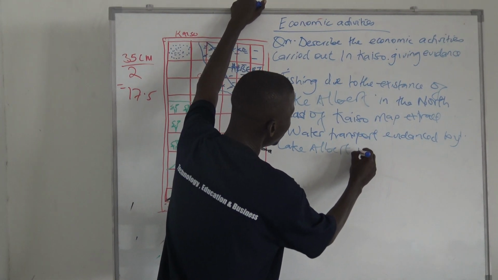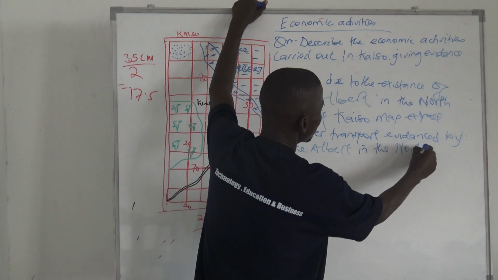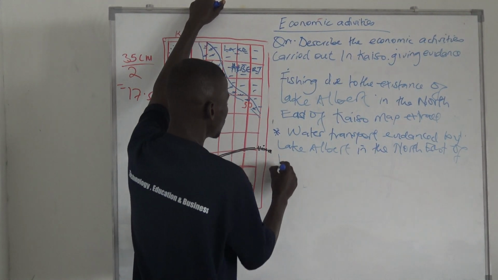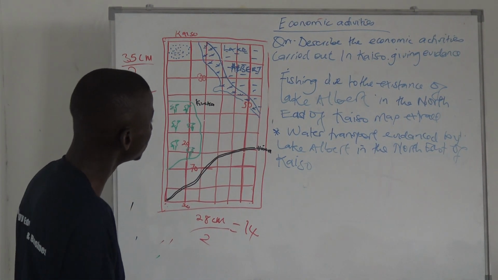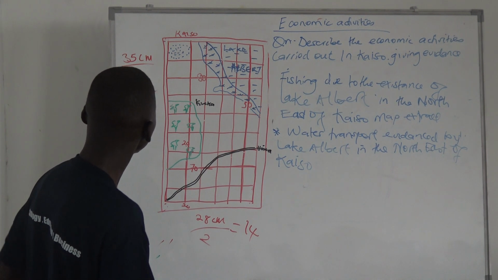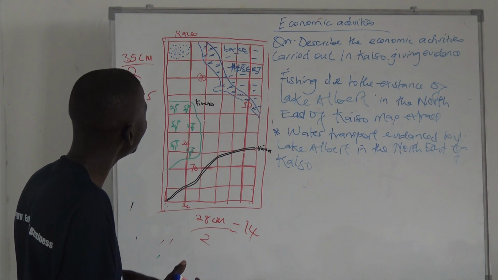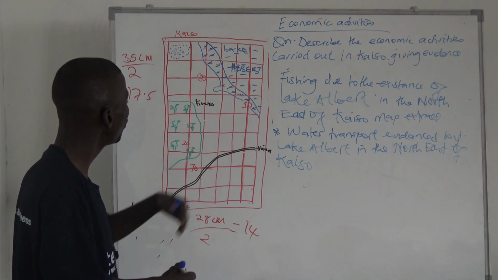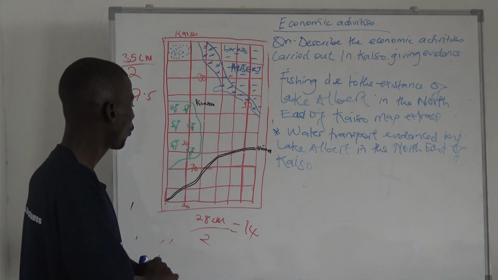This one is also found in the northeast of KAISO. So that is another economic activity being carried out. You can also use other places, because on the map extract there will be very many places. You say nearby maybe Kireka or nearby Hoima, so you use some words to describe what you want.